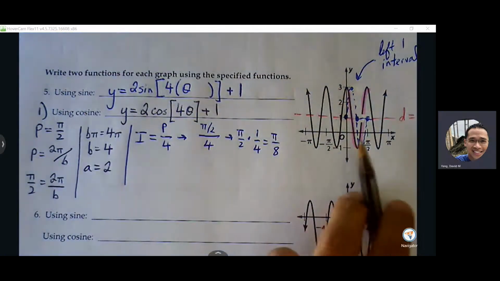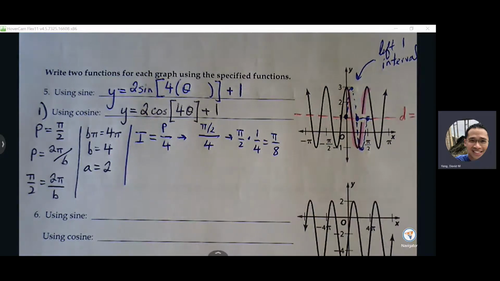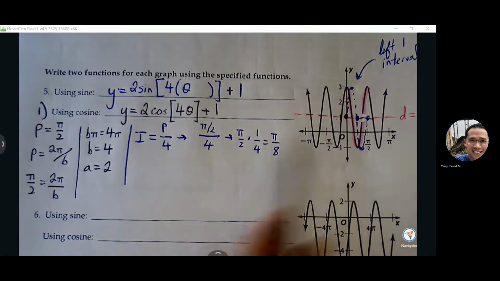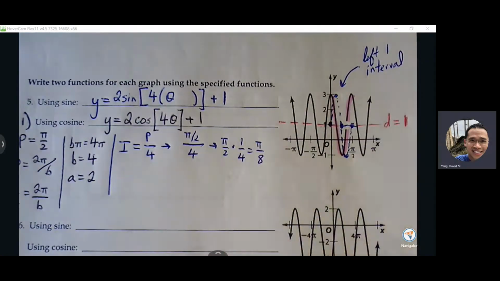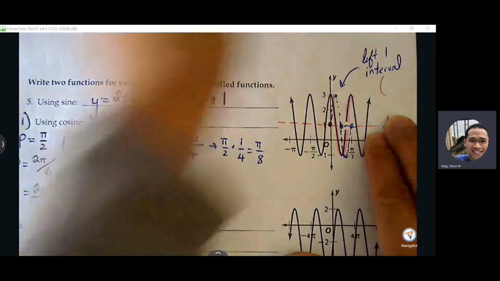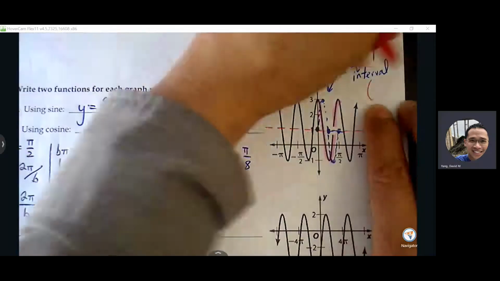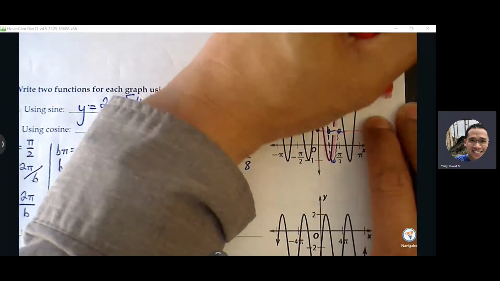So the interval is not easy to see, but if we have the period, we can always find the interval by going through that formula, right? So we have to go left by one interval, which is pi over 8. So how do you represent left one interval? We're going to say what? Plus, yep, plus pi over 8.